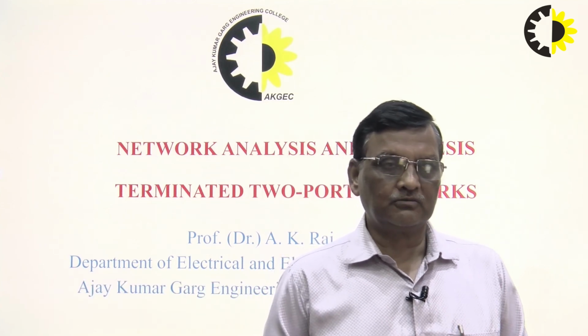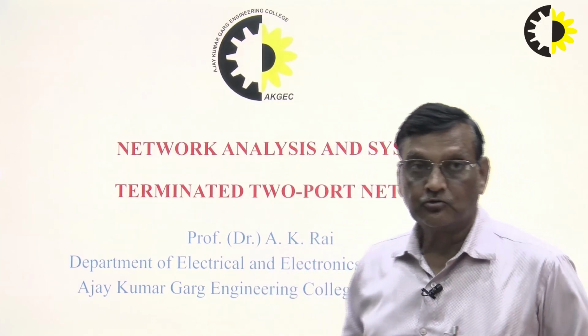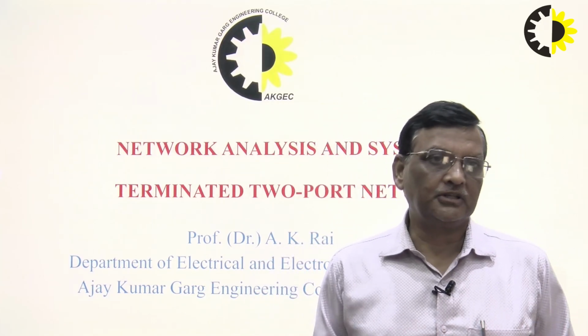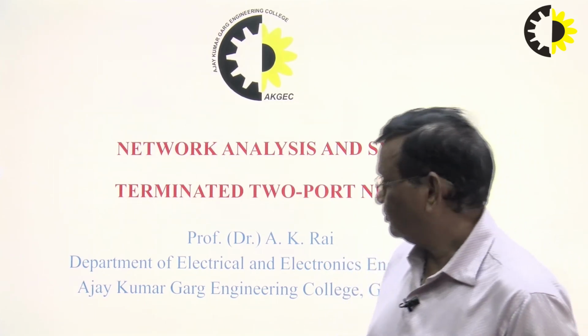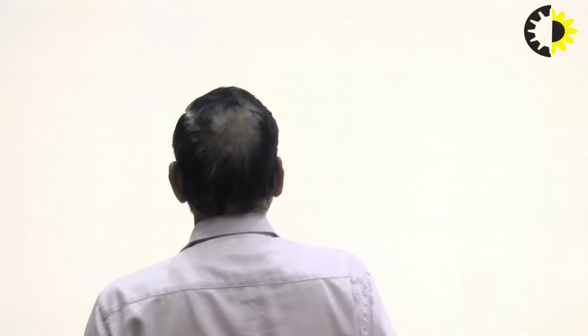Today I am going to discuss terminated two-port networks. In the previous lecture we discussed terminated two-port networks using the Z parameters, and today I am going to discuss the other parameters, say H parameters and ABCD parameters, when two-port networks are terminated by some load.